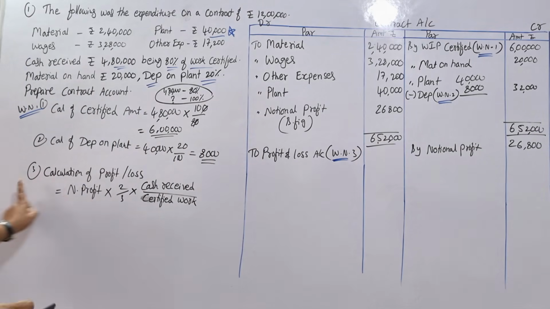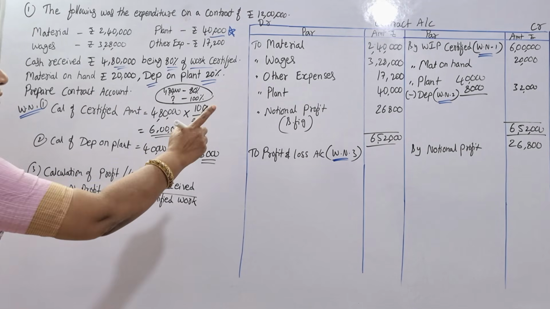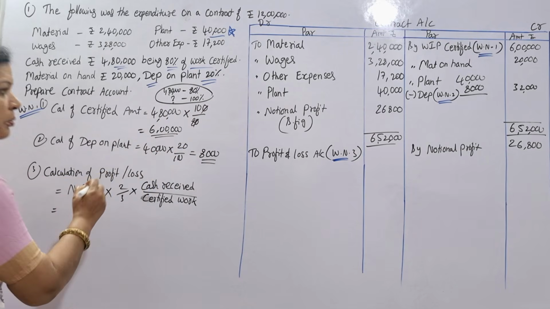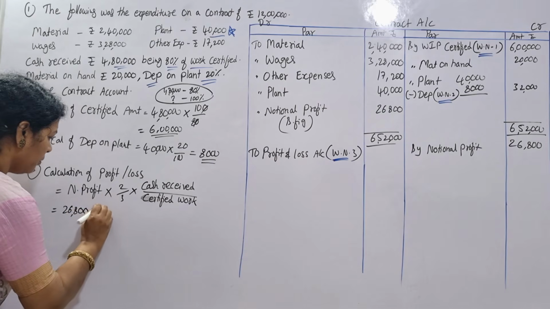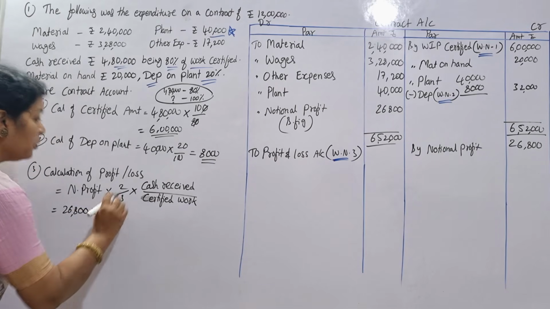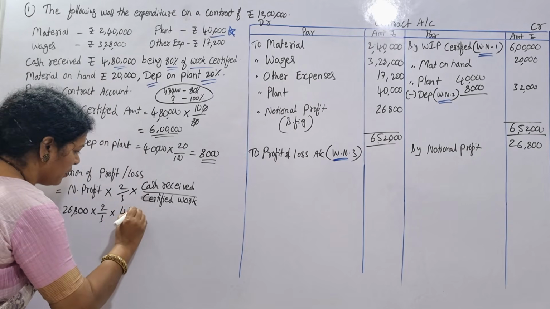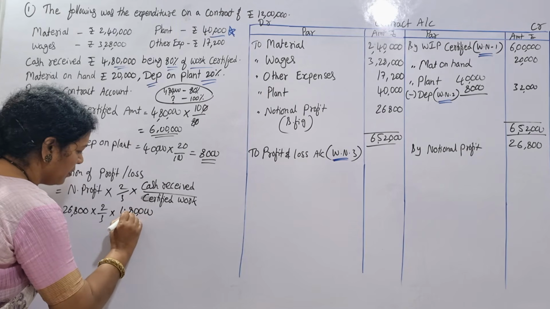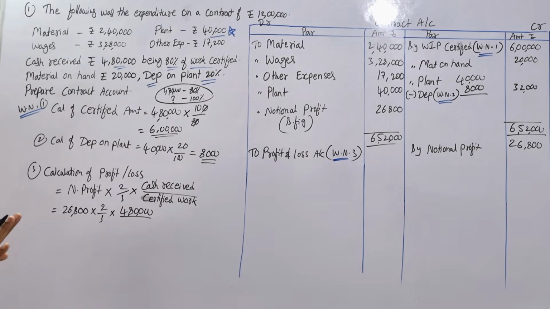Working notes, we are showing this point. Now let's see, notional profit is 26,800 into 2/3 into cash received 4,80,000 divided by certified work. Certified work we have already calculated as 6 lakh.